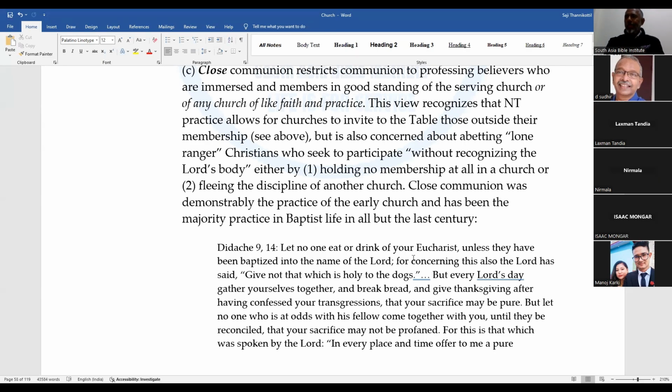Question. Okay, which church is this? Can anyone say the name of this church? Scholars, please come and say. Which church is this?